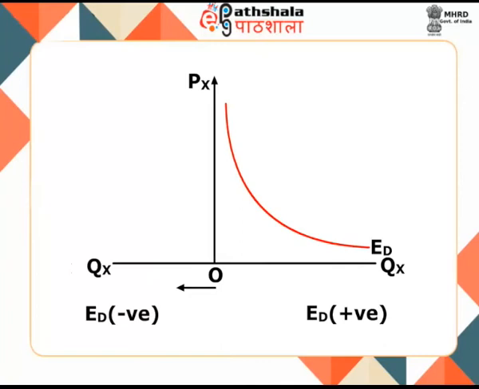In the next figure, the excess demand function is a rectangular hyperbola and lies in the non-negative quadrant. At a very high price, excess demand tends towards zero but never actually becomes zero. The curve is asymptotic. It comes closer and closer to the x-axis and y-axis but never touches them. Hence, no equilibrium is possible.